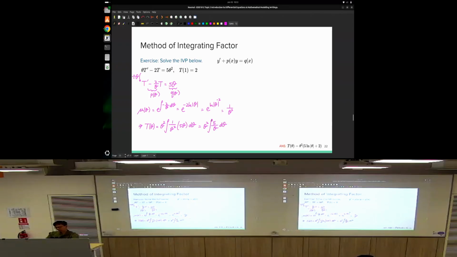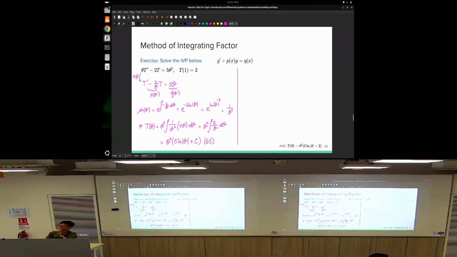When you integrate 5 over theta, you're going to get 5 ln modulus theta plus c. So indeed, this is your general solution. And notice that you cannot remove this modulus sign. Why? Because there is no constant in front of the function. This 5 is a fixed positive 5. It's not like a c or whatever here. So you cannot handle this being positive or negative.